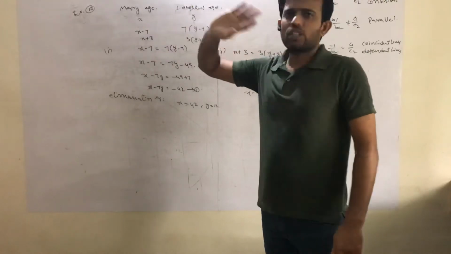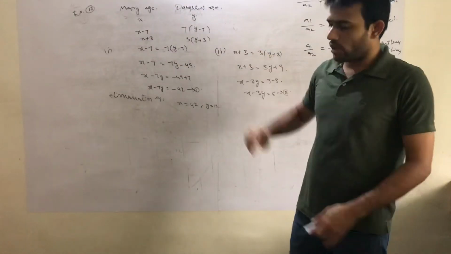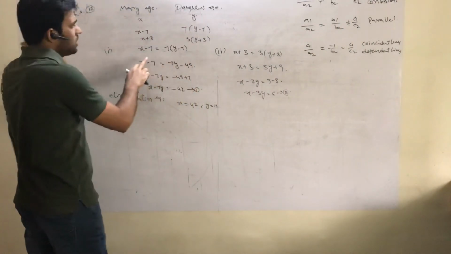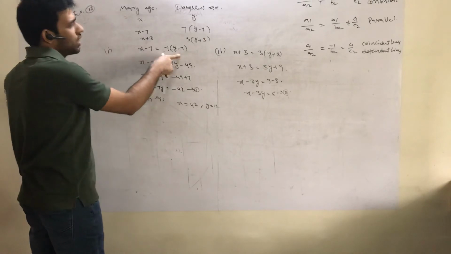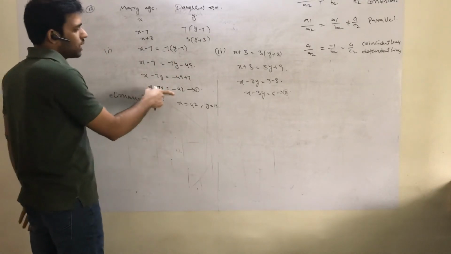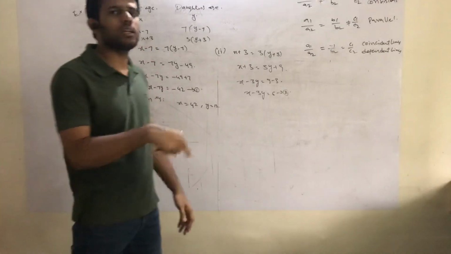So 7 years before, that is, 7 years ago, their ages were X minus 7 and Y minus 7, and 7 times is what mother's age is, so that becomes X minus 7 equal to 7 times the daughter's age, which is Y minus 7, and if you resolve that you get X minus 7Y equal to minus 42. Similarly, after 3 years their ages will be X plus 3 and Y plus 3.